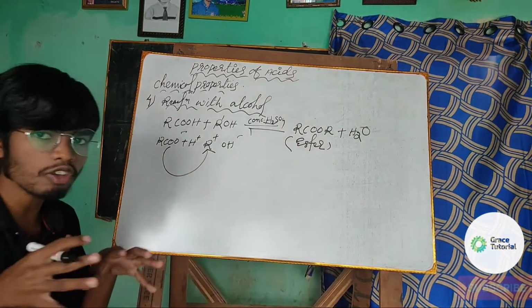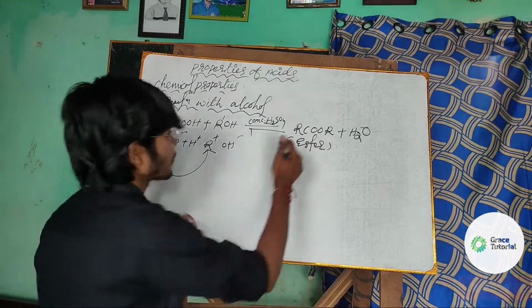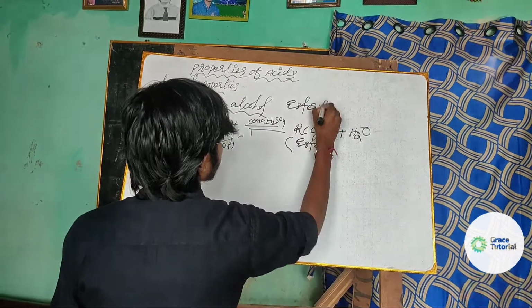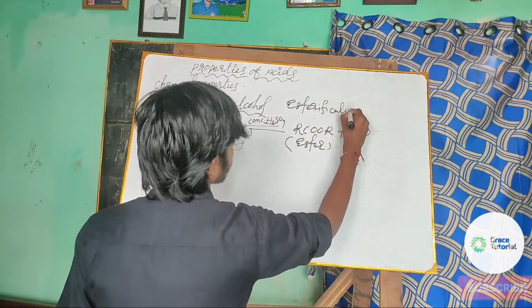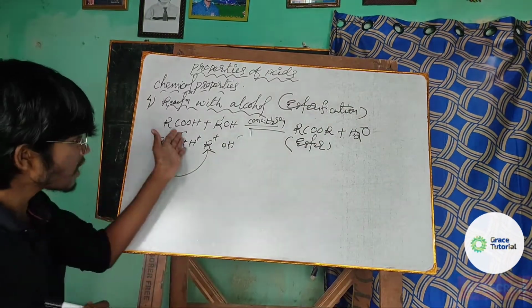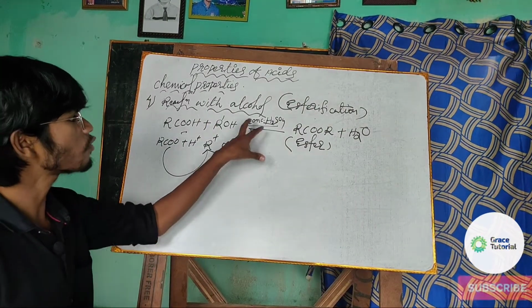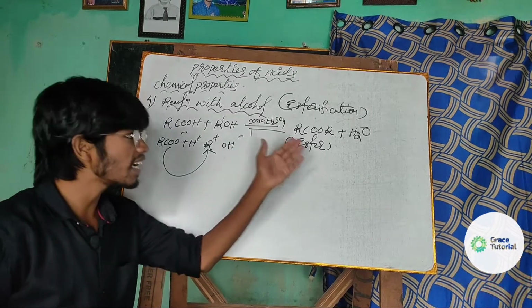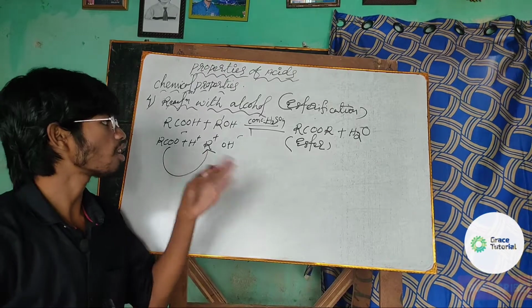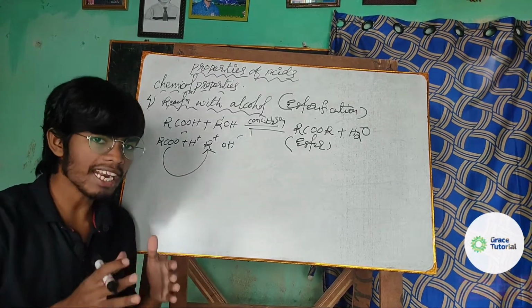That's why this reaction is also known as esterification. So when acid reacts with alcohol in the presence of concentrated sulfuric acid, it gives the ester along with the water molecule, and the reaction is known as esterification since ester is the product obtained here.